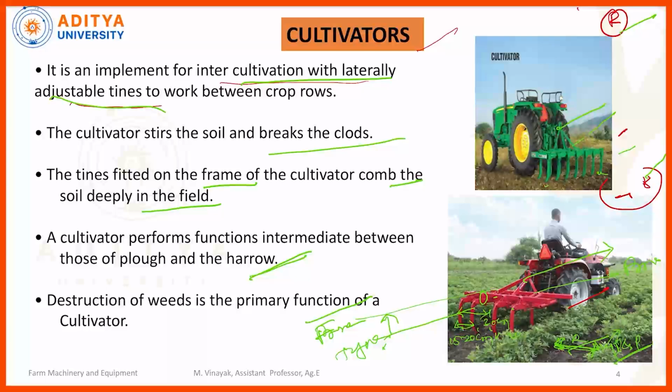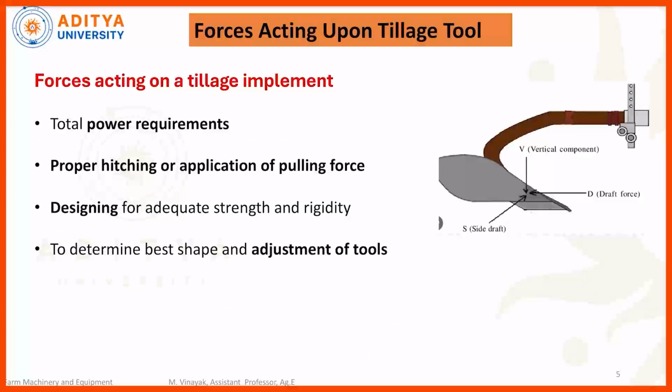The next topic is forces acting upon a tillage tool. This one is a moldboard plow, and this is a side view of the moldboard plow. Using the tractor, we connect through the 3-point linkage.